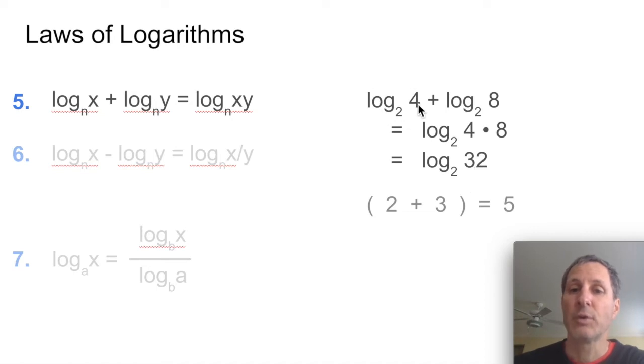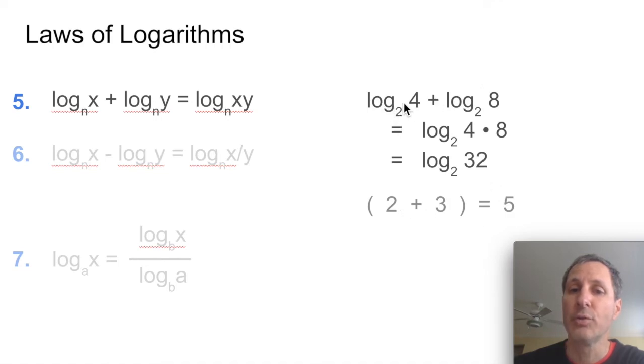And if you actually wanted to solve this, log base 2 of 4, what's that? 2 to what power equals 4? Well, 2 squared equals 4, so we can put a 2 there. Plus log base 2 of 8. Well, 2 to what power equals 8? 2 to the third power equals 8, so we could put a 3 in place of this. So 2 plus 3 is equal to 5.